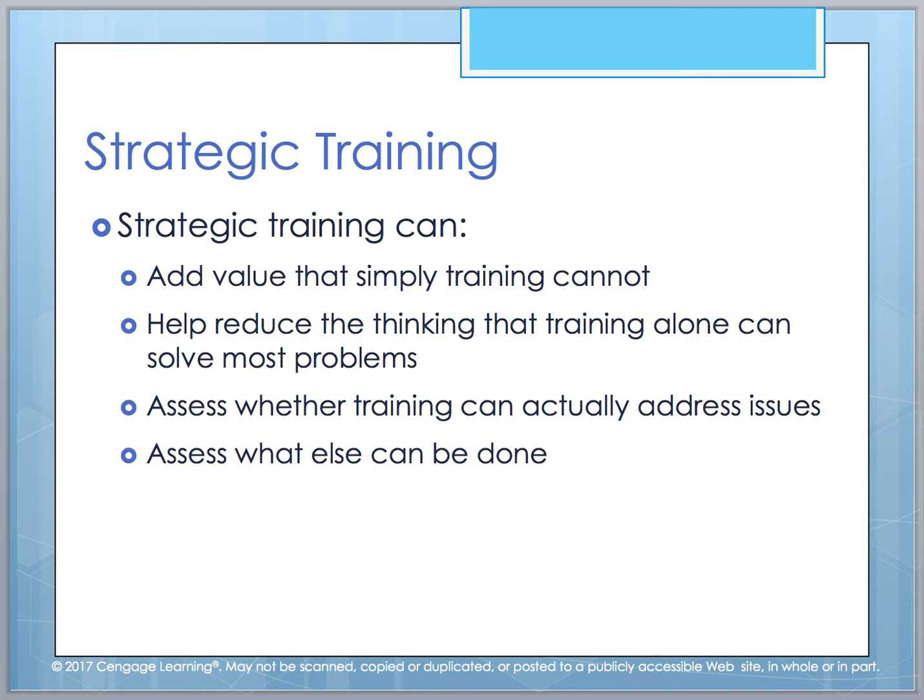When you're fully invested in the organization and where it's going and where it needs to be, you understand that there are more mechanisms and more components involved in the process, and it's not simply training someone how to do a job or how to perform a function, but it's deeper and broader. This can also help assess whether training can actually address specific issues and what else can be done.